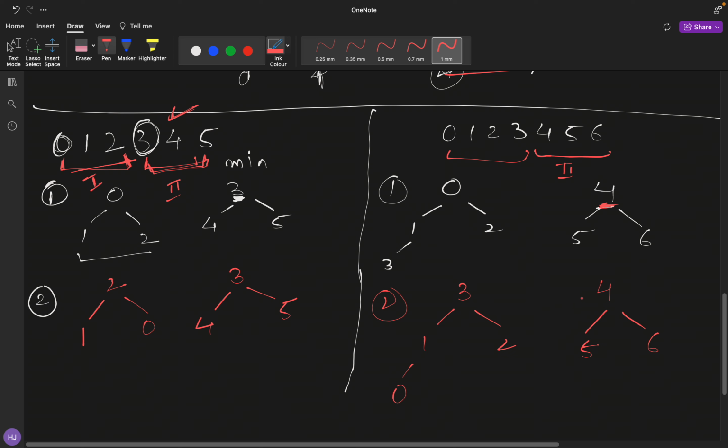As I've already told, in the second part of the stream we are successfully getting the middle values on the top. In this case we have 3 and 4, right? Fair enough. So what is the largest value amongst the first part? It is 2 in this case and 3 in this case.